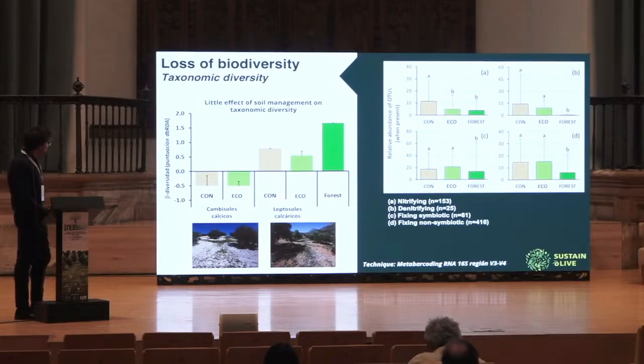So the most important factor that can explain the variability, for example in the beta diversity, was the soil typology, mainly the soil parent materials, not the soil management that human beings carry out over this soil.